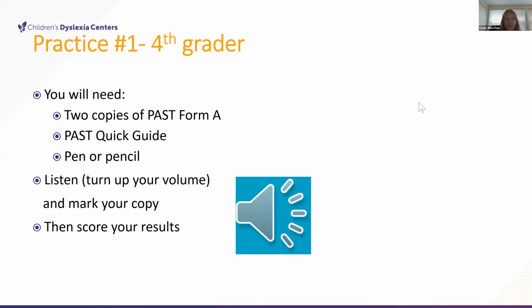Okay, I'm going to give you a couple minutes now to go ahead and figure out the number correct, the number automatic, and fill in the results at the top. Figure out the highest correct level and the highest automatic level.